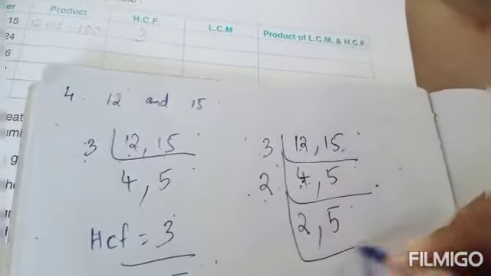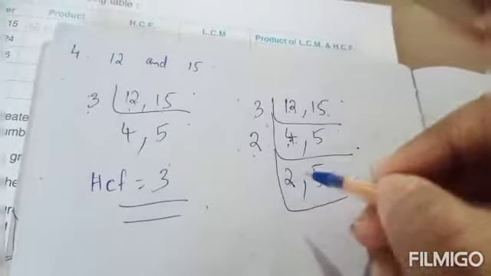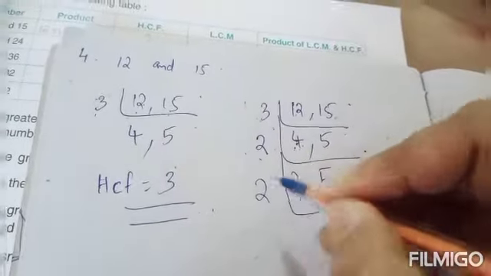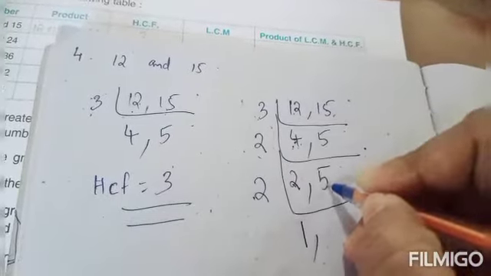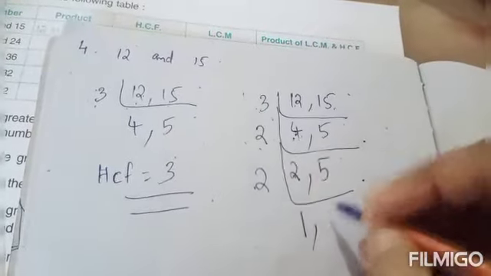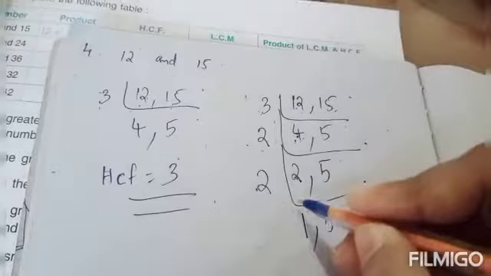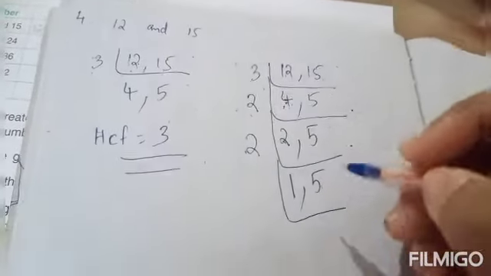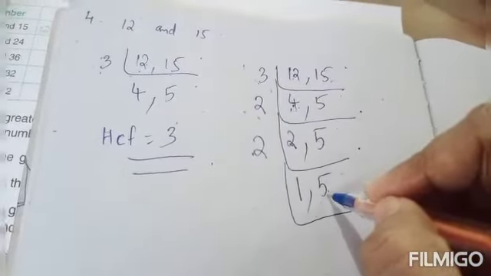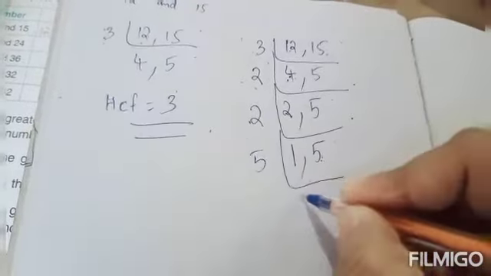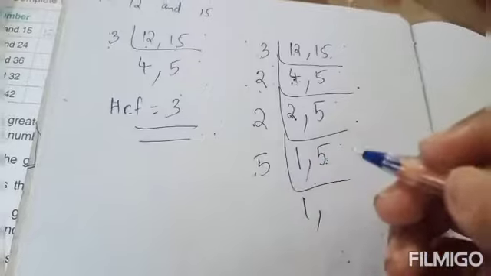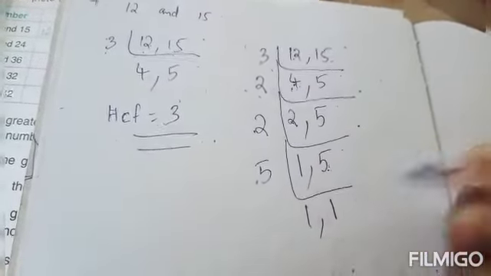Now 2 you can divide by 2 only, so 2 divided by 2 is 1. 5 you can't divide by 2, so write 5 itself. Now in place of 5 you have to make it 1. So 5 you can divide by 5 only, so 5 divided by 5 you will get 1.